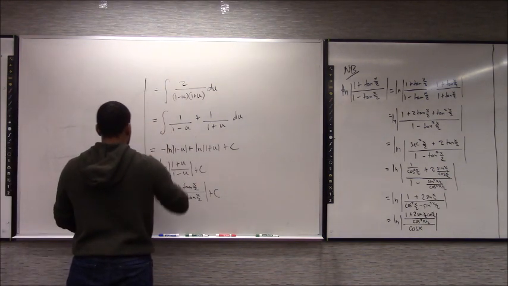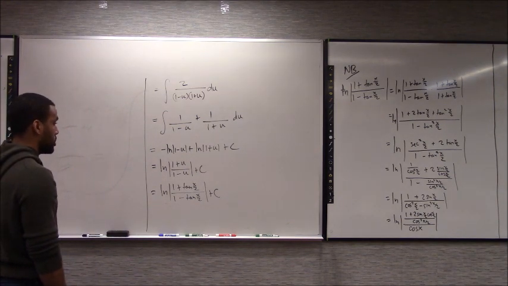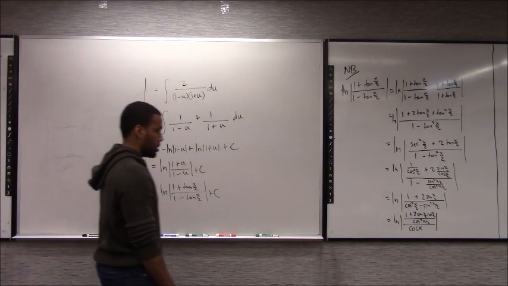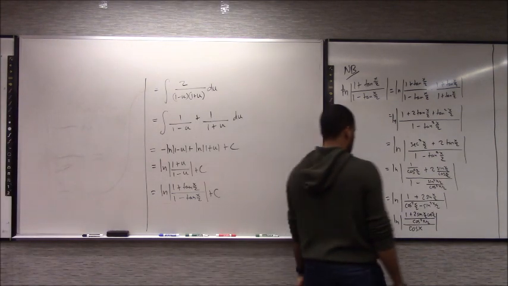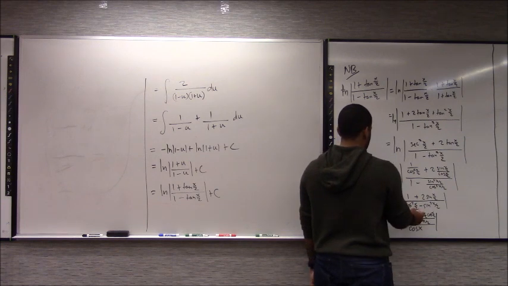Picking up over here. Now you could also just differentiate this and you'd get the secant, but I want to actually just derive the other formula from this. And this here is actually a trig identity.